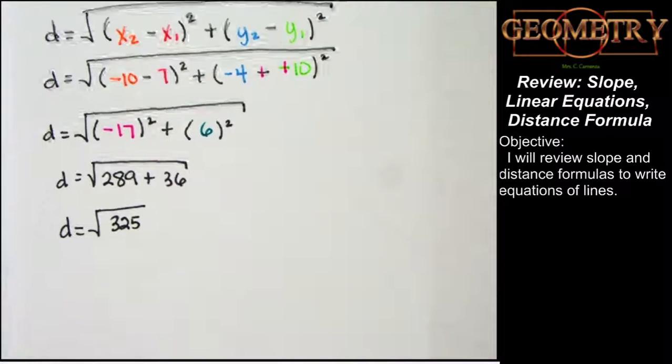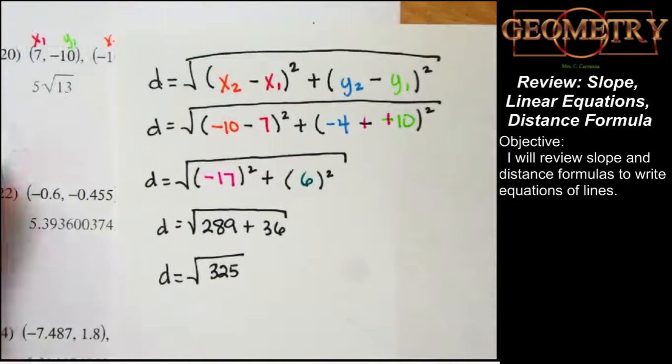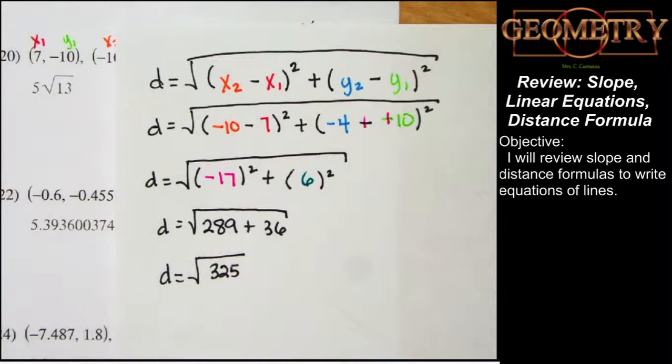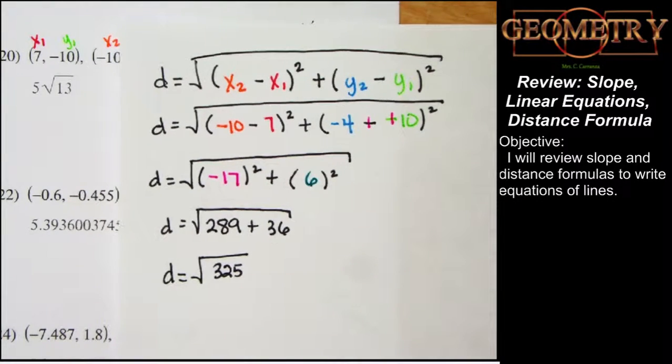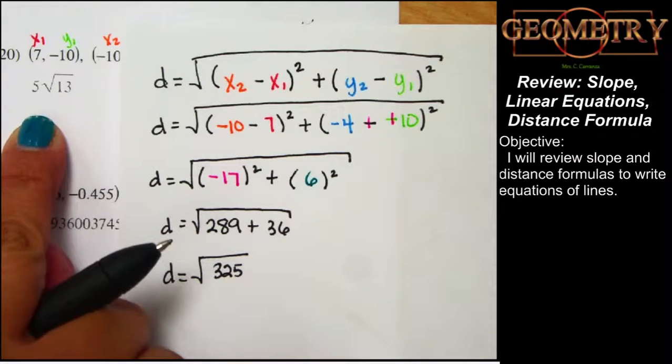Now, at this point, a lot of you probably would have stuck this in your calculator, gotten a decimal, and then if it was multiple choice, and if your multiple choice answers look like this, you would have put that in your calculator and gotten a decimal and kept going until your decimals matched up. But I want to show you how you get this number as is and where it's coming from.